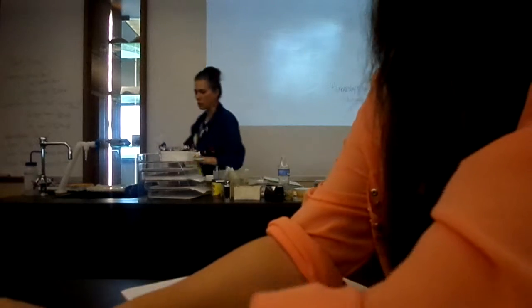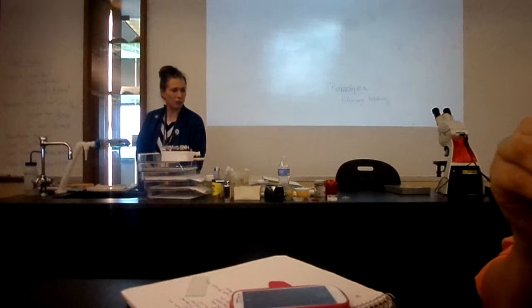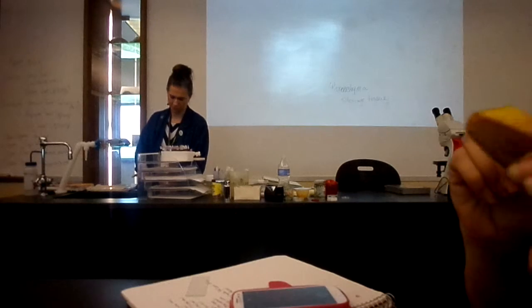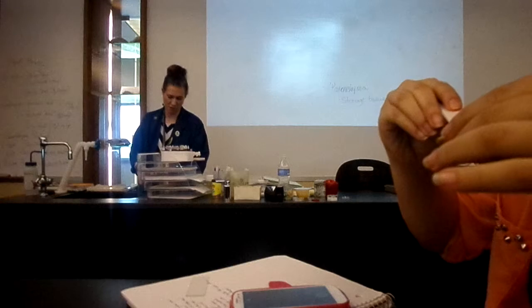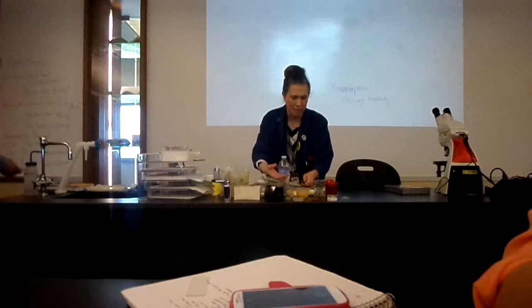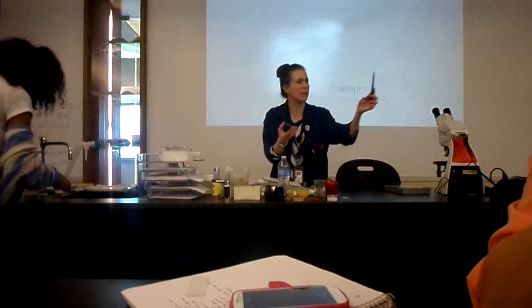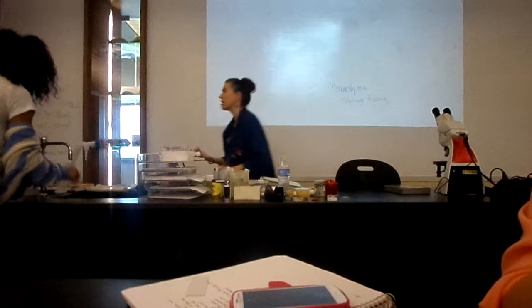And I want you to put it on a slide and add a drop of iodine this time. So, get it. Banana. Just take a little smear of banana on the knife. Add a drop of iodine.